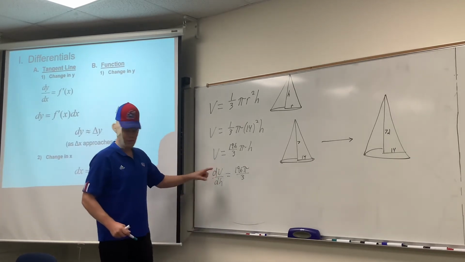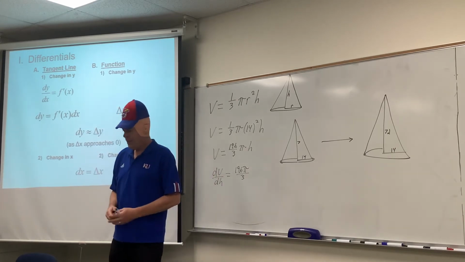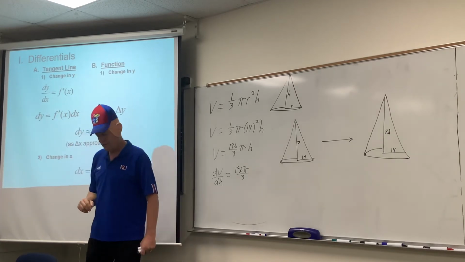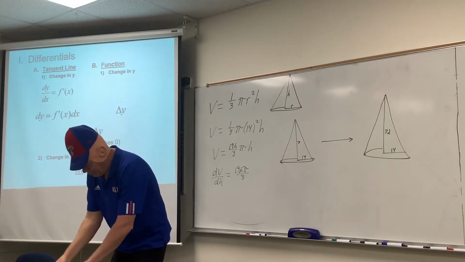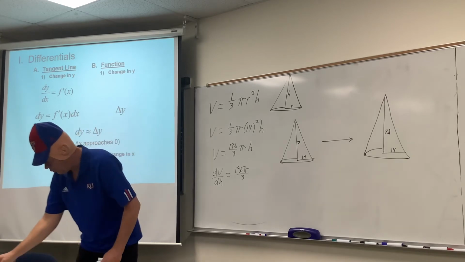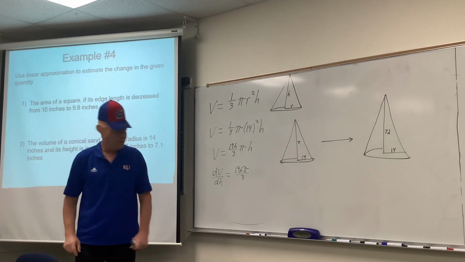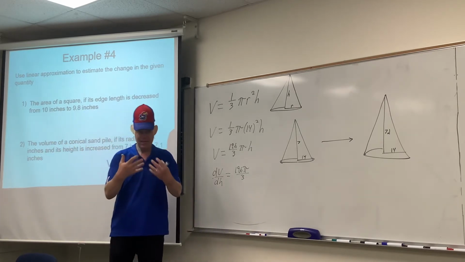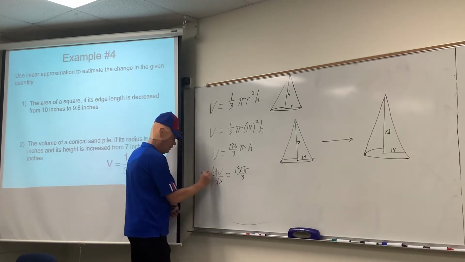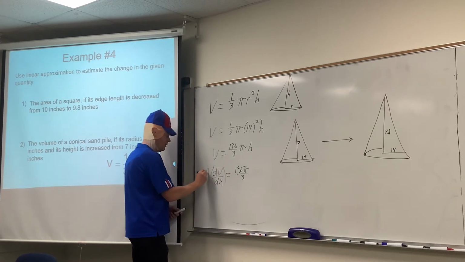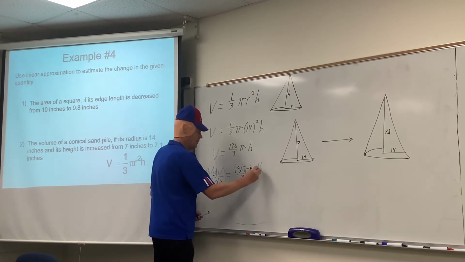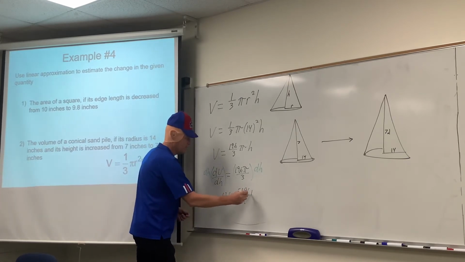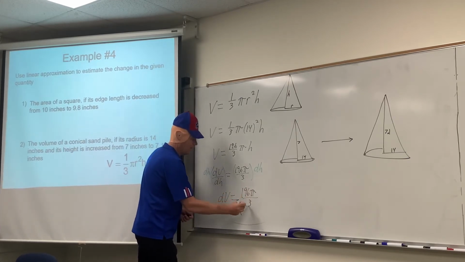But if we want to know what the change in volume is, this again is where we transform it from a derivative into a differential. Because the question didn't want the rate of change between the volume and the height, it wanted the actual change in volume. That's again called dV. So, clear fractions, and the change in volume ends up equaling 196 pi over 3 dH.